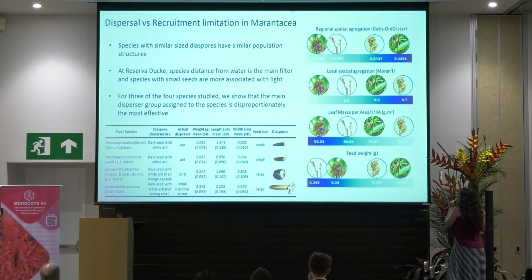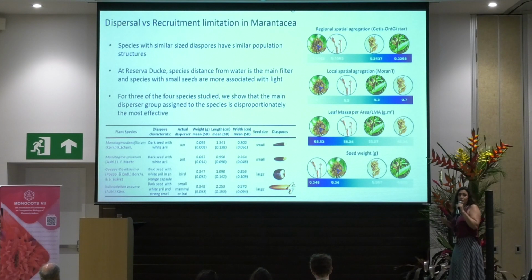At local scales, we also have more aggregation of the small seeds than the larger seeds. But different from what Hovards found for the Marantaceae, here the species most associated with light is the small-seeded one that is dispersed by ants and not by birds.